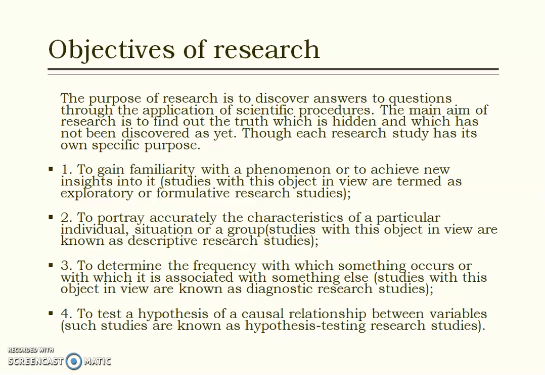Next is to test a hypothesis of a causal relationship. A hypothesis is a tentative, assumption statement given on variables. If we have two variables in our research, for example, I'm taking the statement that those people who smoke tend to have cancer. That is a statement we can prove right or prove wrong.